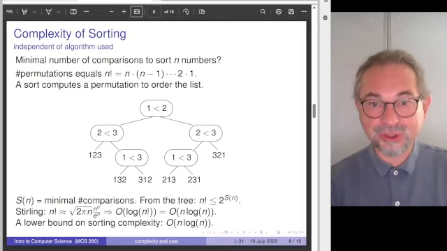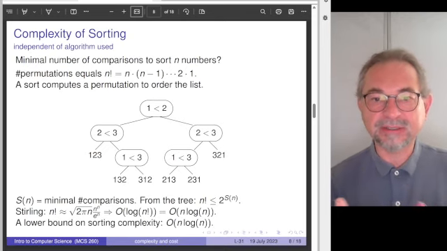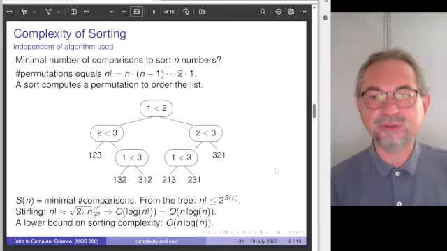For 3 numbers, you see here all the possible inputs. So if we want to sort the sequence 1, 2, 3, then we have 6 possible input sequences. And you see the number of comparisons that it takes to distinguish those 6 input sequences is organized here in a tree.